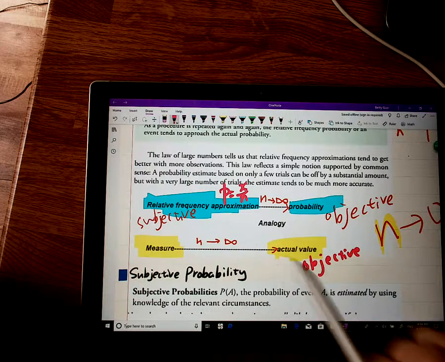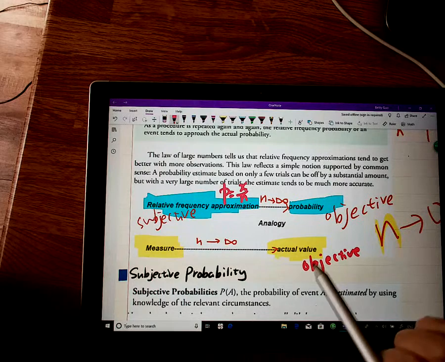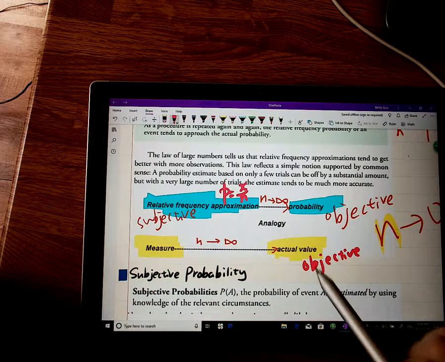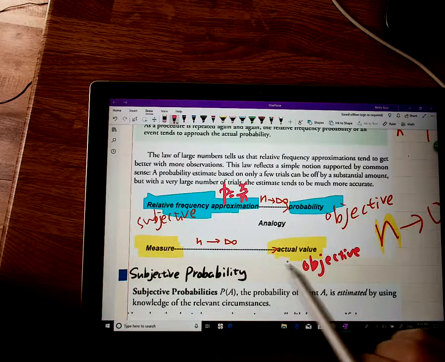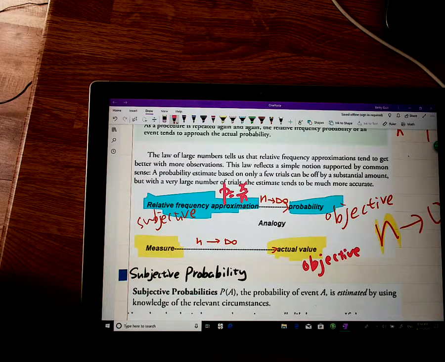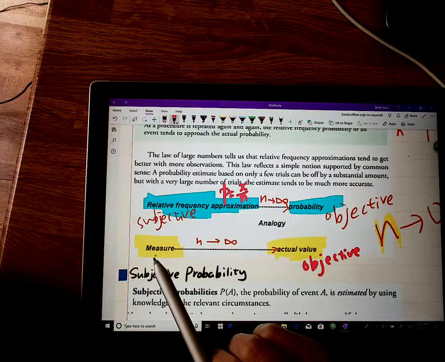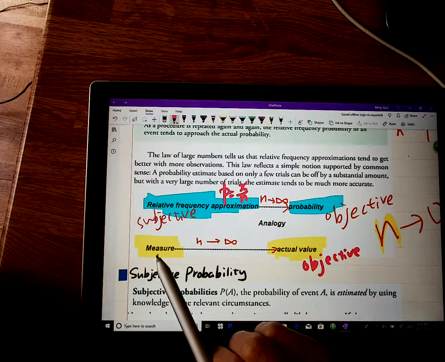Probability is like your eye color, your hair color, your height, your weight. Those are objective and will not be changed. Probability is the same thing. Measurements are subjective; they depend on the person who measures and on the tools the person is using.